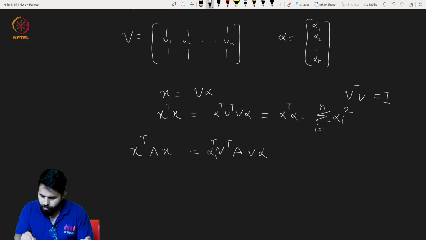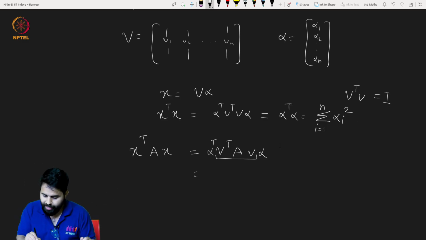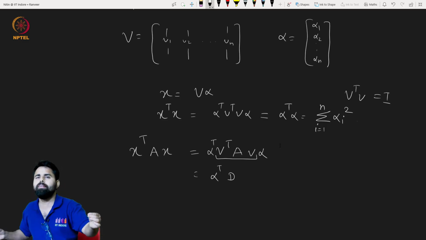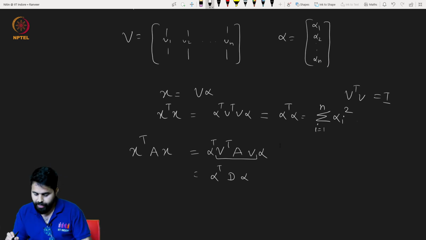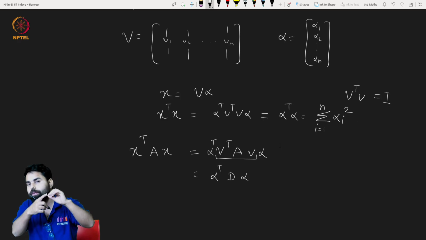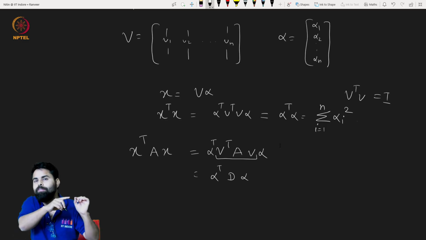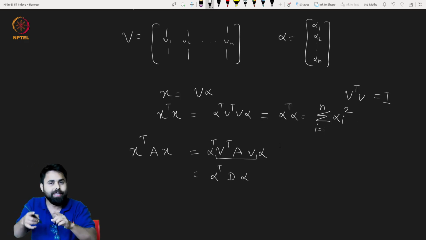Again I can make use of the spectral theorem. This quantity V transpose A V is nothing but, as we said in the previous lecture, a diagonal matrix D in which there are eigenvalues lambda 1, lambda 2 up to lambda n. Remember the largest one will be on the first diagonal entry, because we are ordering these vectors V1, V2, where V1 corresponds to lambda 1, V2 corresponds to lambda 2, and lambda 1 is the largest.